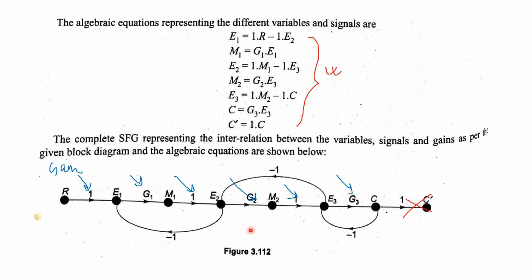So have you understood up to this how to represent a system in block into a signal flow graph? If you have any question, you can ask. Any question or any doubt in understanding? Anyone?